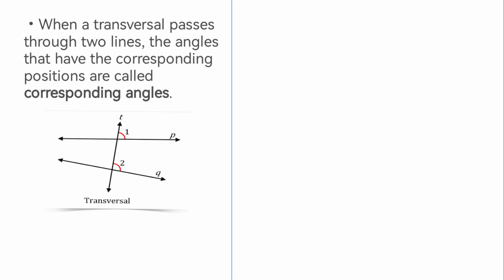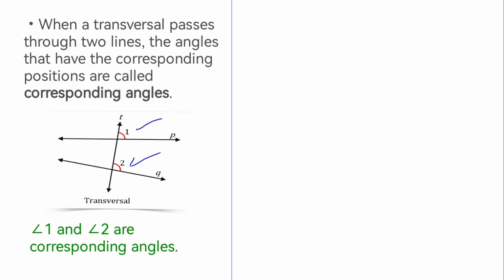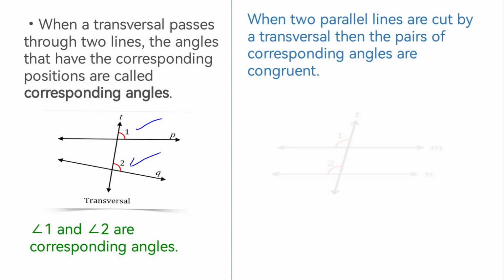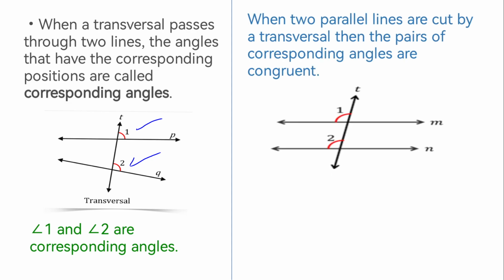When a transversal passes through two lines, the angles that have the corresponding positions are called corresponding angles. Thus, in the figure, angle 1 and angle 2 are corresponding angles. When two parallel lines are cut by a transversal, then the pairs of corresponding angles are congruent.